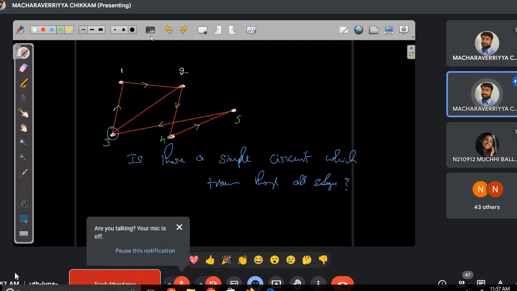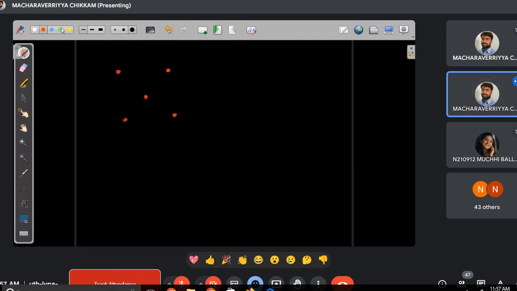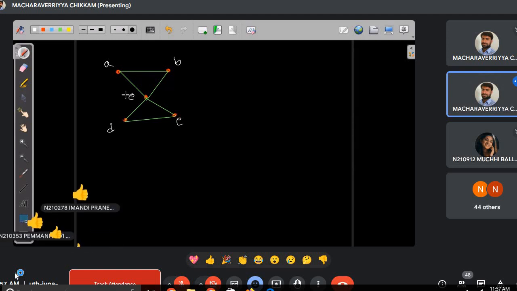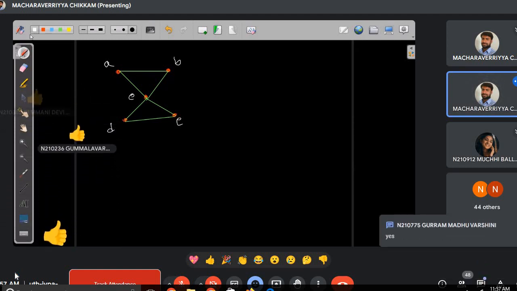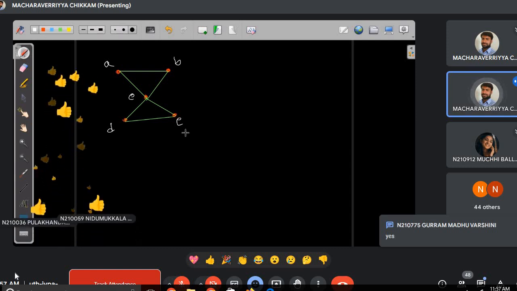Let me take one more problem. So how about this graph? Does this have a simple circuit which travels through all edges? Yes. So what is the starting point of the circuit?